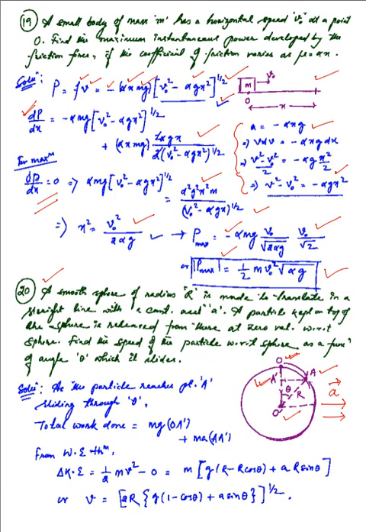So a lot of things have been marked, and the radius has been provided as well, that is r. So what we need to find is an expression for the velocity in terms of that angle.